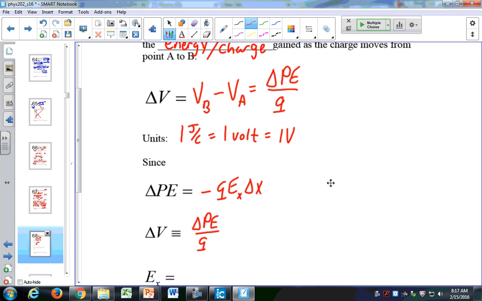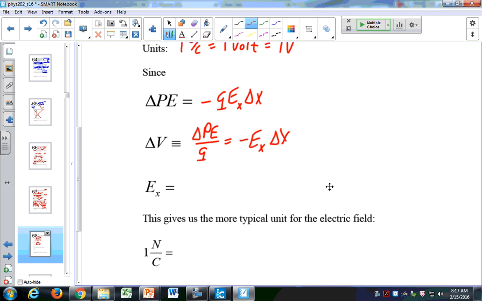That's just our definition of what is a change in potential. Then this is equal to negative E_x delta X. Then I'll see that my electric field is negative delta V over delta X. It's just taking these two, and I get an expression for the electric field.